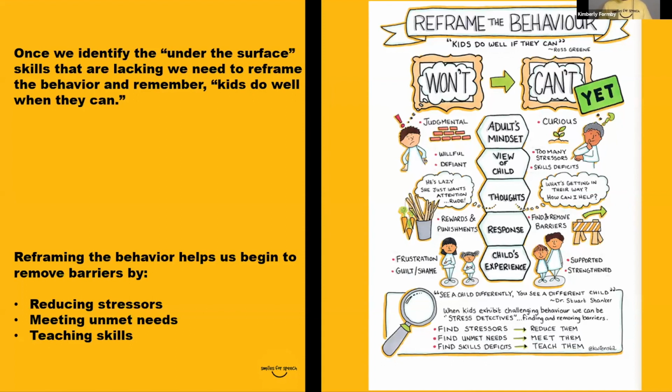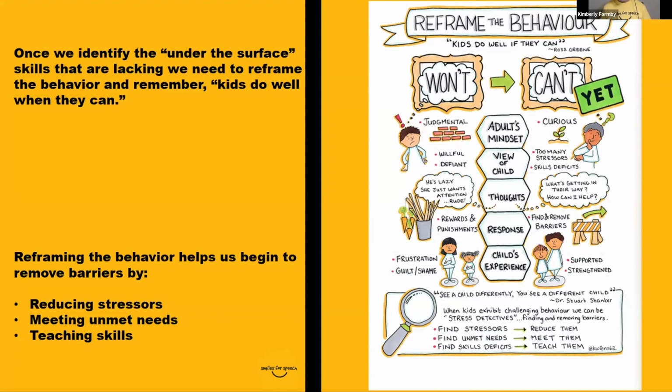So rather than having a judgmental mindset of, oh, this child's bad, this child's being defiant, this child is doing this behavior on purpose, changing that mindset to one of curiosity and saying, what is going on with this child? What is happening in their environment? What skills are they lacking? What is this child trying to communicate to me? And then changing our thoughts about that child.